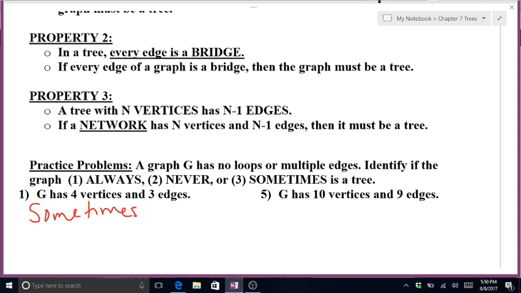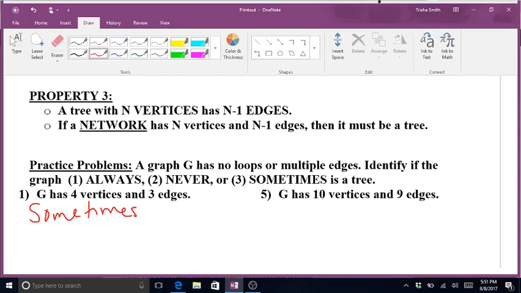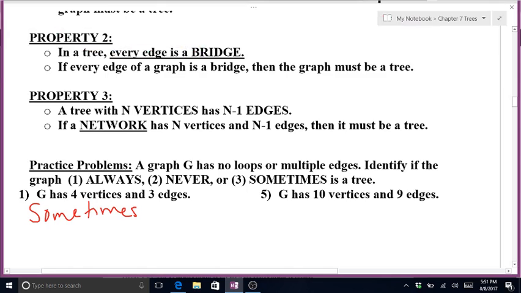If you have a sometimes, draw an example that represents a network, a tree. Okay, so give me an example that looks like a tree and one that would not. So for example, you're going to do something like this. We've got 4 vertices, so this one's going to be a tree, and this one's going to be not a tree.